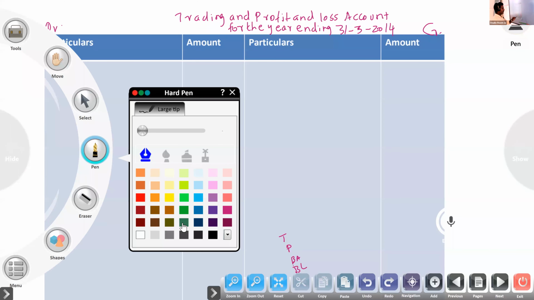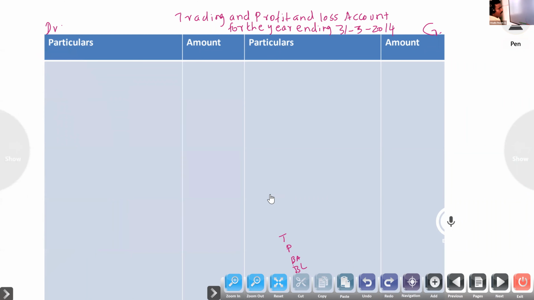Okay, we will start. Missionary, where? Anila, trading, profit and loss account, balance sheet, you tell where it will come. Missionary, where?